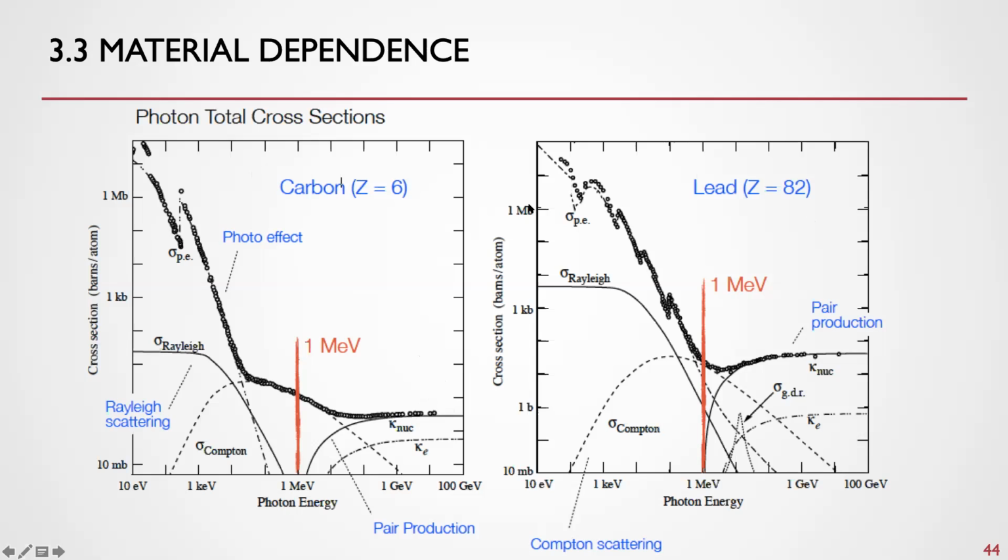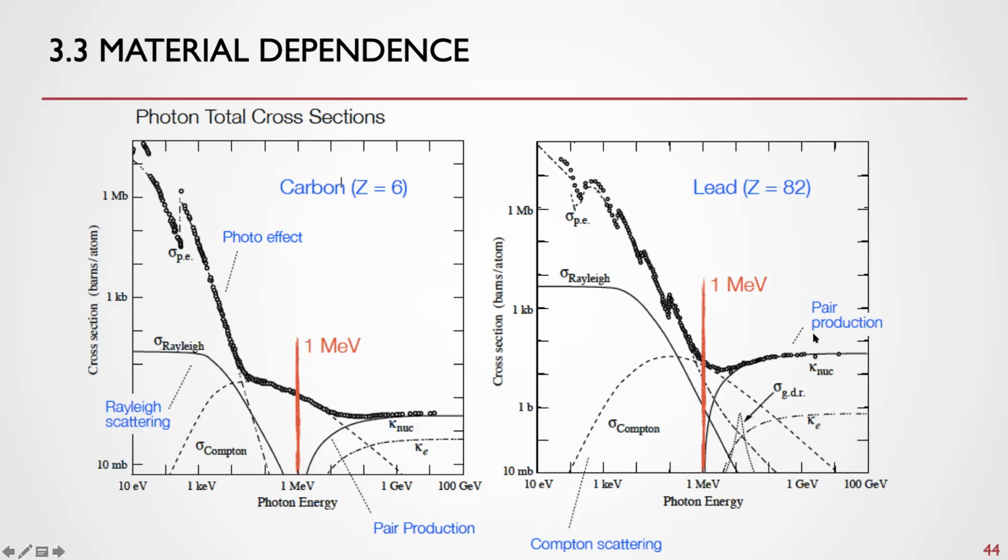The y-axis is in barns, but it's logarithmic. What you see is that pair production grows when you go from low Z to high Z. The Compton interaction is only really relevant in the MeV regime for low Z absorbers.